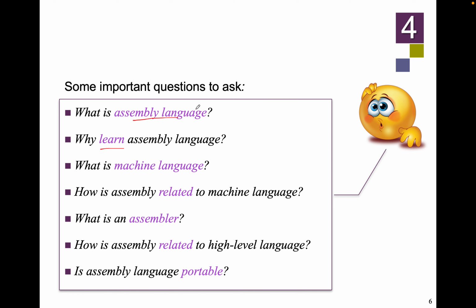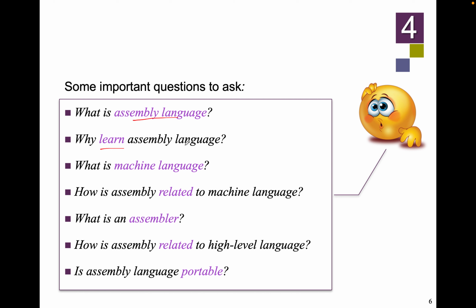So here, the purpose of learning assembly language, I already informed you last time, is that this is a very basic language, and from the basics you can catch up and more easily understand other types of higher level language.